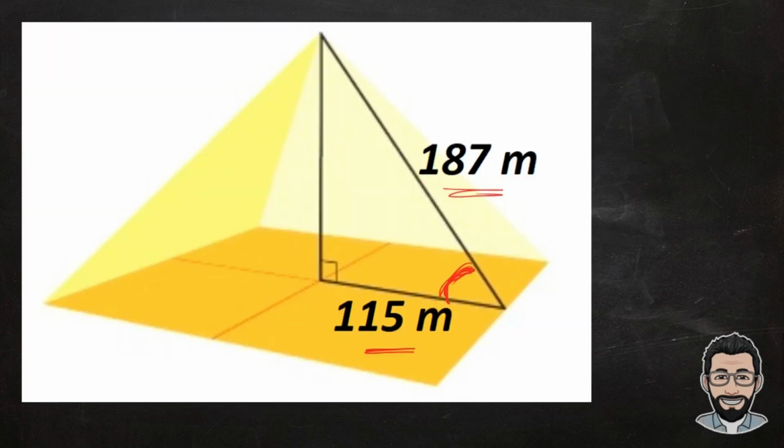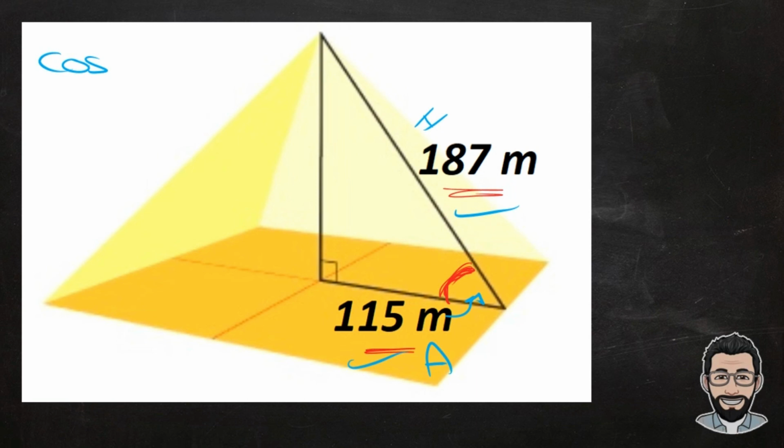Now let's solve this question according to the given sides. What is the relation between these two sides? Firstly, this is adjacent because it's neighboring to the angle, and this is the longest side in this triangle, so hypotenuse. Now find the relation between A and H. It's going to be cosine. Cosine of what?